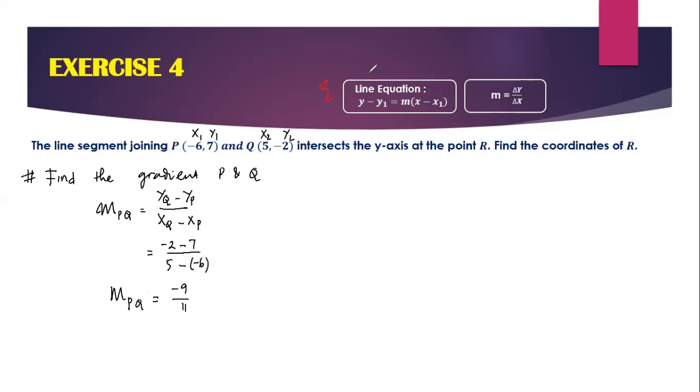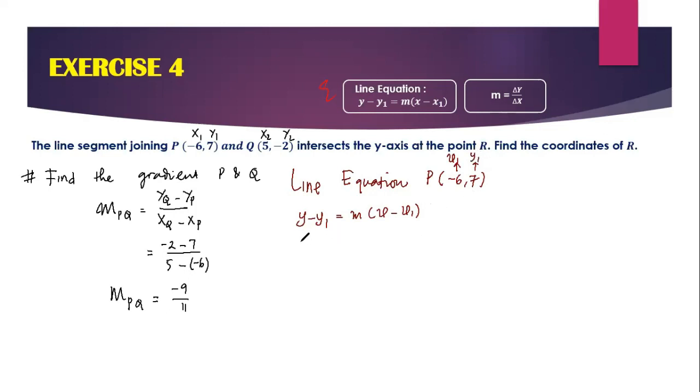Now we go to the line equation, right? The formula is y minus y1 equal m times x minus x1, right, everyone? So which one is x1 and y1? See, minus 6, 7. So this one is x1 and here is y1, right?